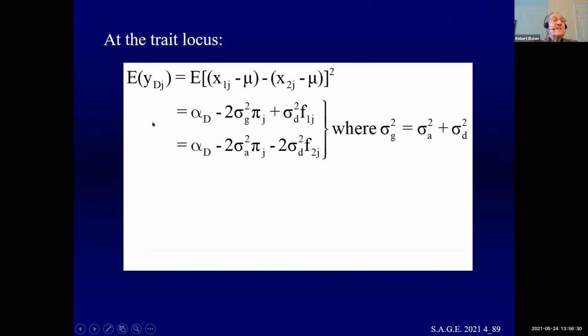You have some baseline, some regression on the proportion; this is the regression coefficient here, and this is an added bit if you have one allele shared identical by descent. And so it turns out to be this. This is equal to this if you work it out.